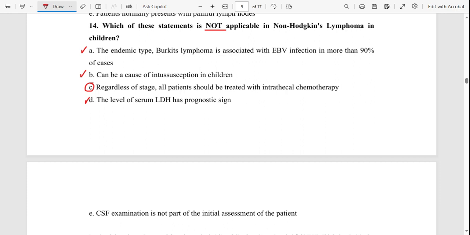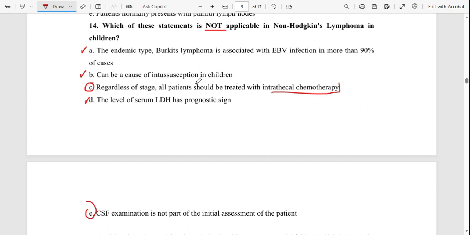Yeah, so in this case, the best answer we can even end up with is E because of the not applicable. So C is saying regardless of stage, all patients should be treated with intrathecal chemotherapy. Maybe they are meaning that same treatment is the prophylaxis. But E is definitely not true because CSF exam is part of the initial assessment. This intrathecal chemo, we are giving it regardless of the stage for prophylaxis.